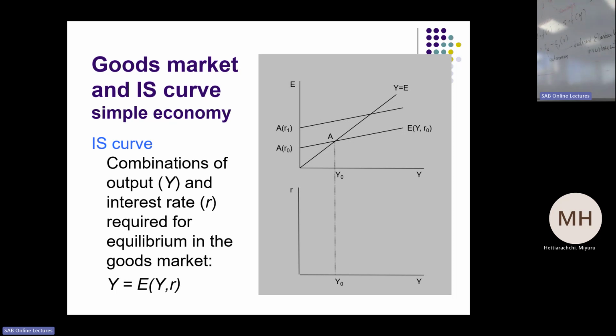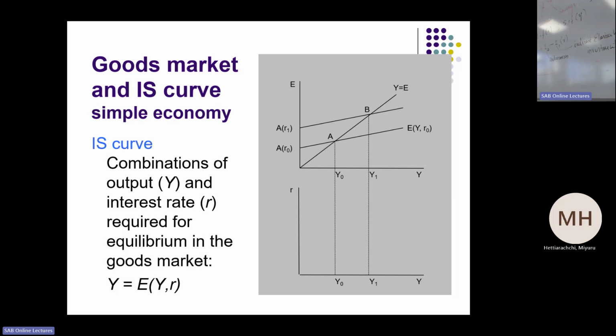So we can take another equilibrium, point B. The equilibrium moves from A to B.